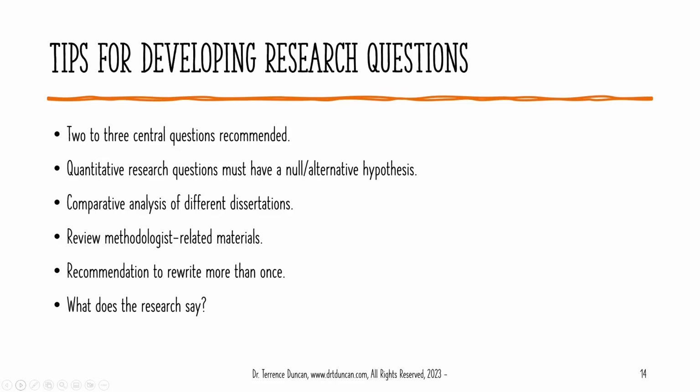The best way to mitigate against that is to rewrite the research questions more than once. I would say rewrite them at least 3 to 4 times, and then make a comparative analysis against whatever documents you're using to benchmark, to see whether this sounds remotely similar to what has already been published and accepted.